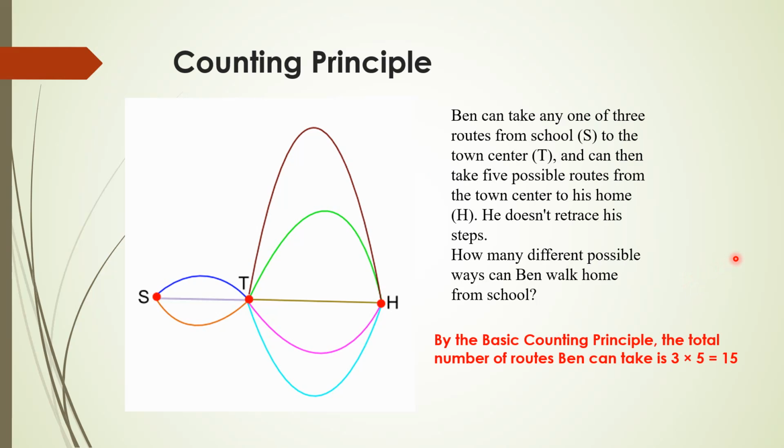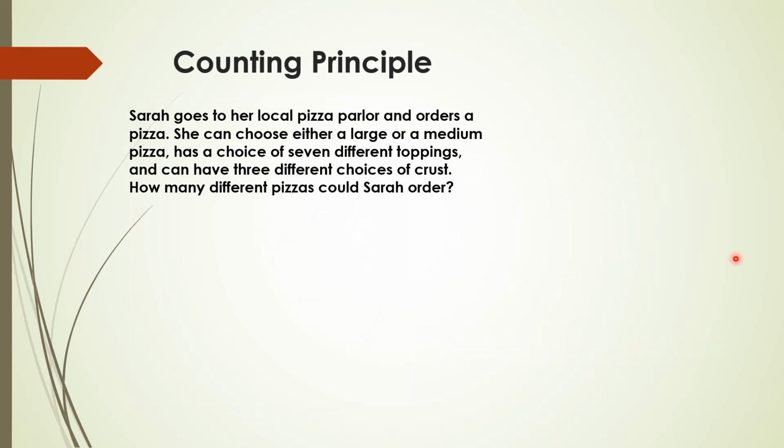Okay, so what is this? By the basic counting principle, the total number of routes that Ben can take is just 3 ways to get from school to town and 5 ways to get from town to home. So 3 times 5, which is indeed 15 ways.